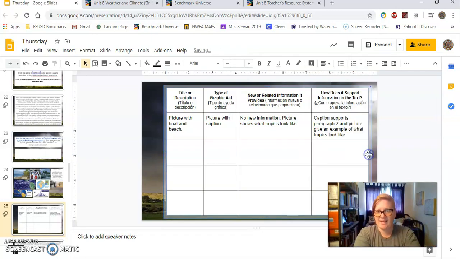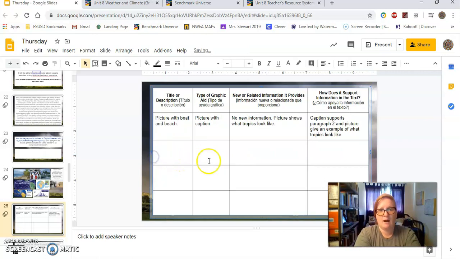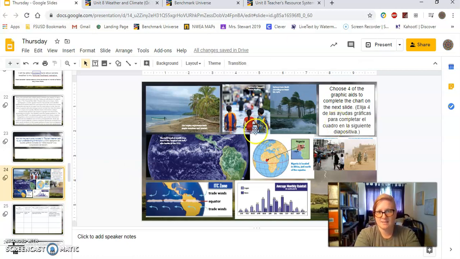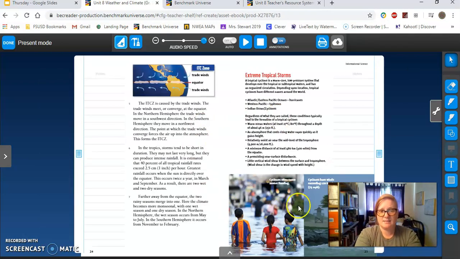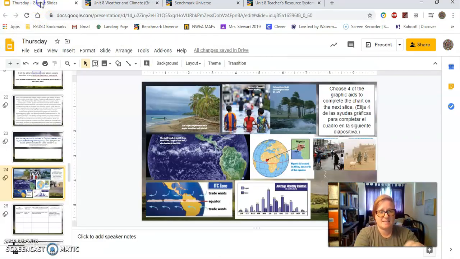Okay, so that is how you do this assignment. So now you need to pick one of the graphic aids. You need to go back to the text and find it and see where in the text it supports what's happening, or even if it doesn't necessarily support, it could be providing new information or additional information to something else that's happening in this text.